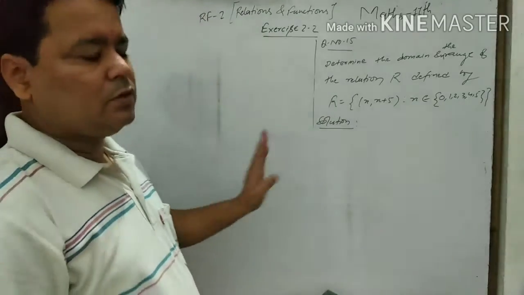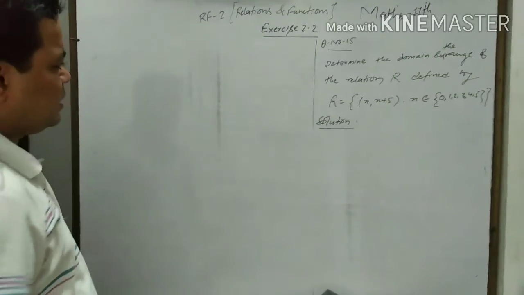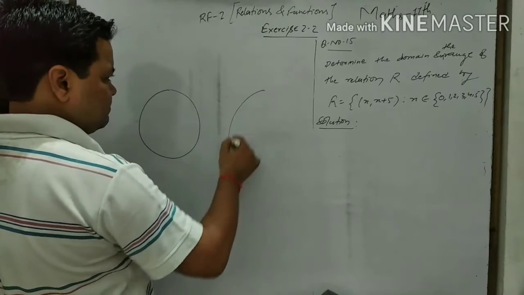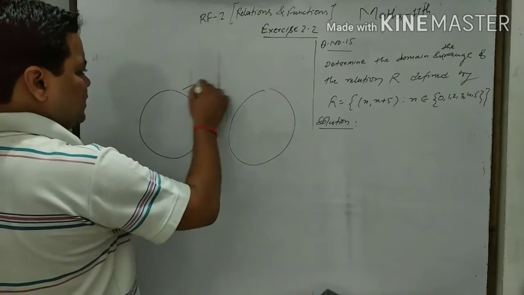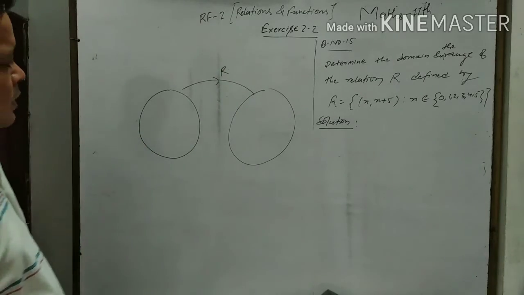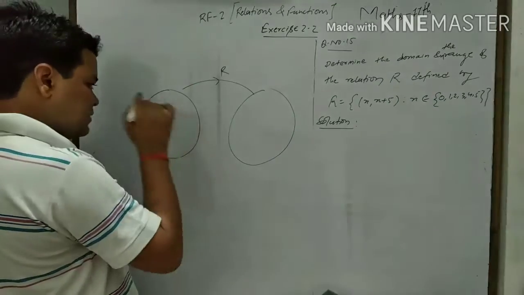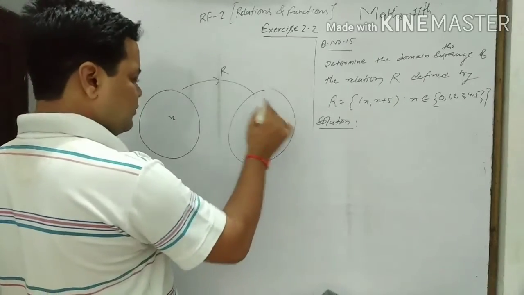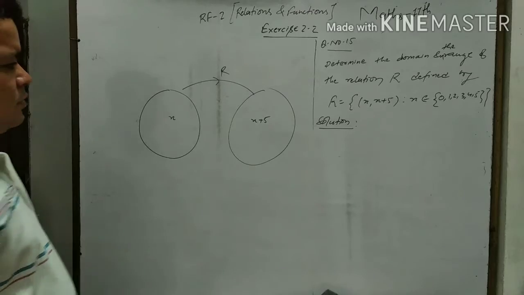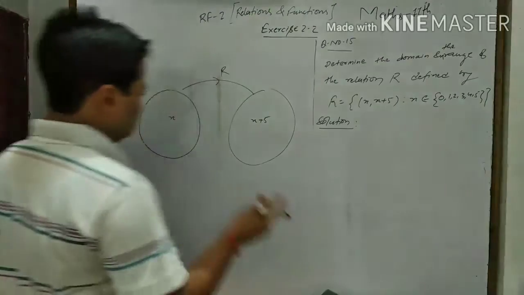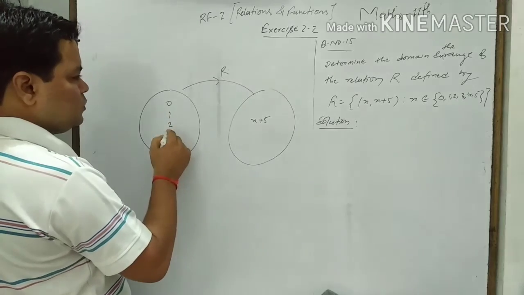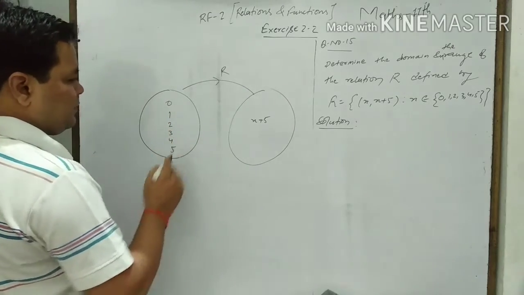So first of all, let us see the relation from set x, and here this is a relation R. If here x, then here x plus 5. We have a relation, but what should be the value of x? The value of x should be 0, 1, 2, 3, 4, 5.